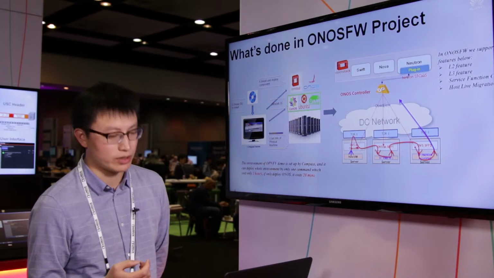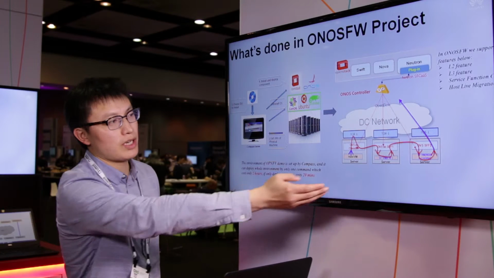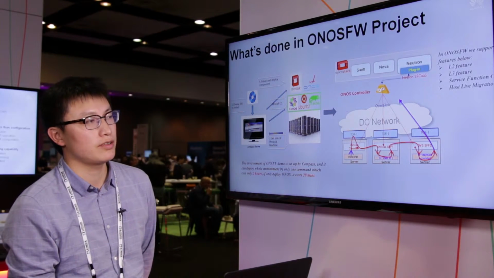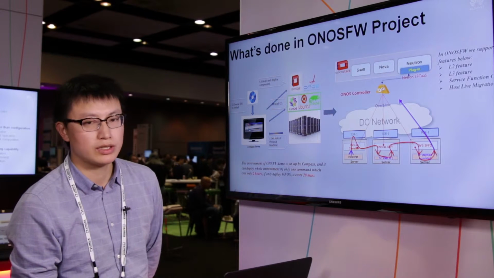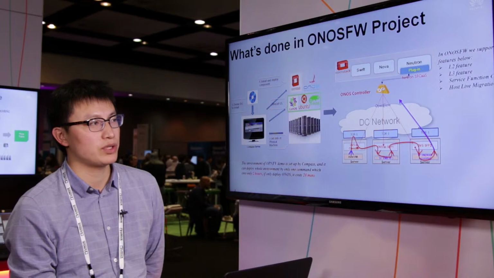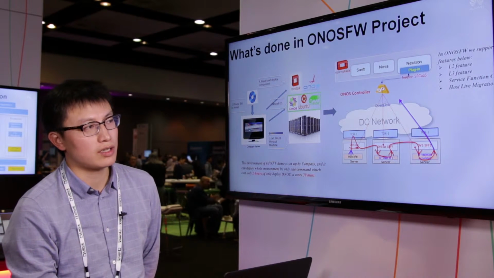It's also very short. After the deployment, the whole environment looks like this. In ONOSFW, we provide a layer 2 feature for traffic in the same subnet, a layer 3 feature for traffic between different subnets, service function chaining, and host live migration.